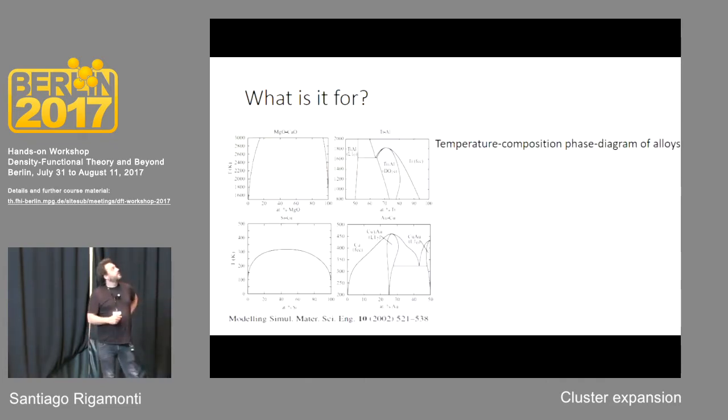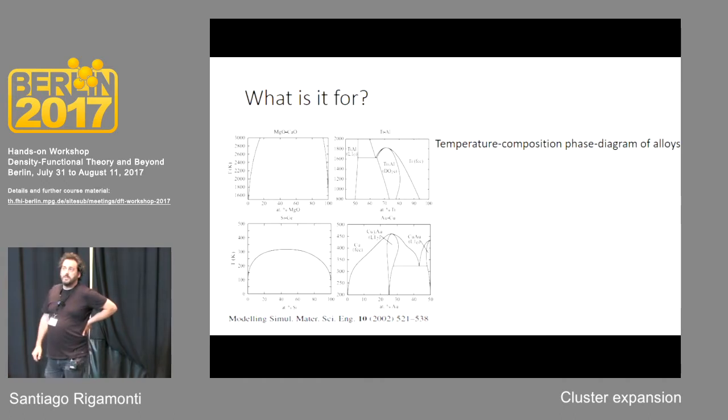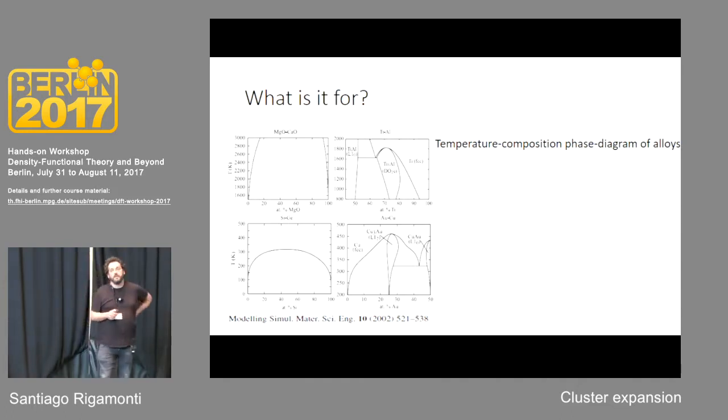For instance, here are temperature-composition phase diagrams of several alloy systems, and these have been calculated with the cluster expansion method in this paper. So we can look at this plot here. On the x-axis, this is a magnesium oxide, calcium oxide alloy, and you see the atomic percentage of magnesium oxide in the crystal.